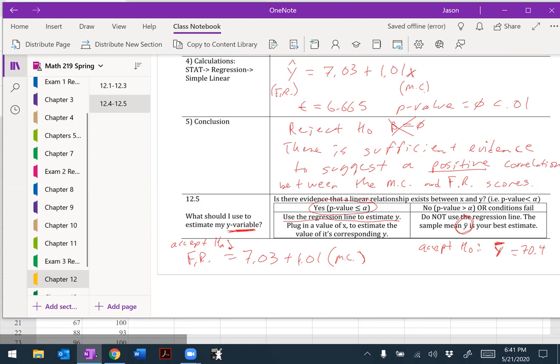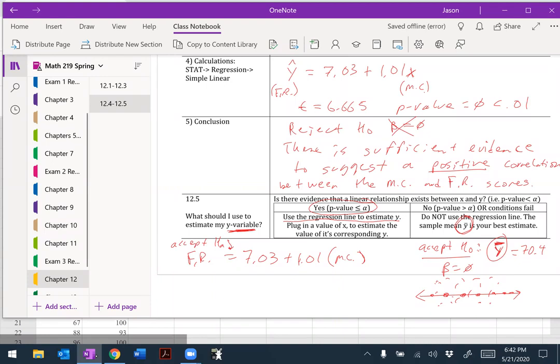So we would run with that number if we fail to reject the null, if we accept the null, that beta is equal to 0. Beta equaling 0 means there's no correlation and the regression line slope is 0, which means that for any x value, the regression line is just the mean of the y values.